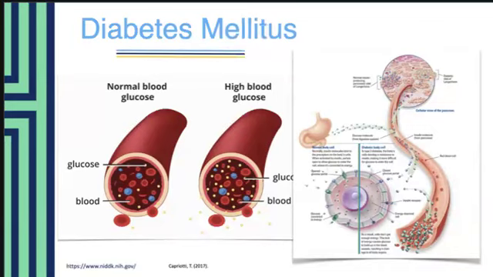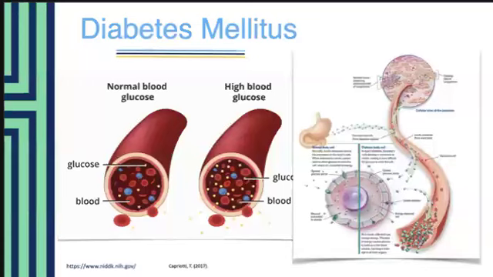LDL carries cholesterol to tissues, and high levels promote atherosclerotic plaque formation in the arteries, whereas HDL removes cholesterol from the tissue and transports it to the liver for excretion, providing a protective effect.